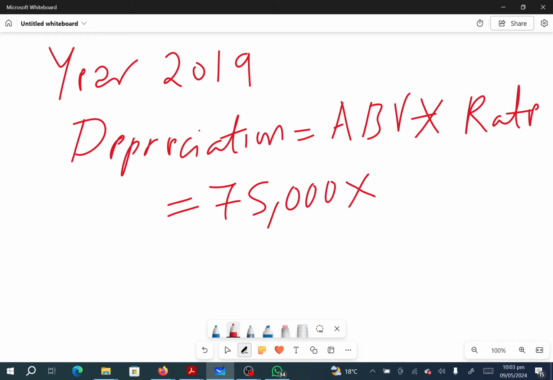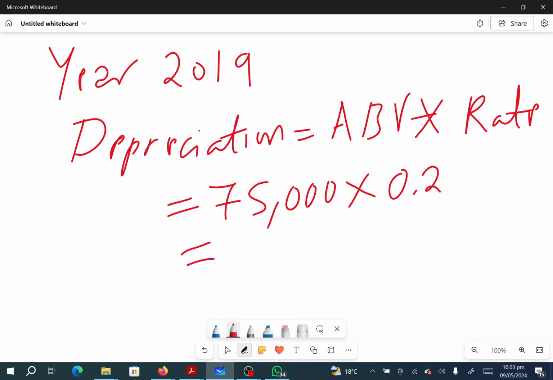Yes, sir. Okay. Then we are saying that the rate is 20%. So when we divide 20% by 100, it is 0.2. Then we multiply 75 by 0.2.